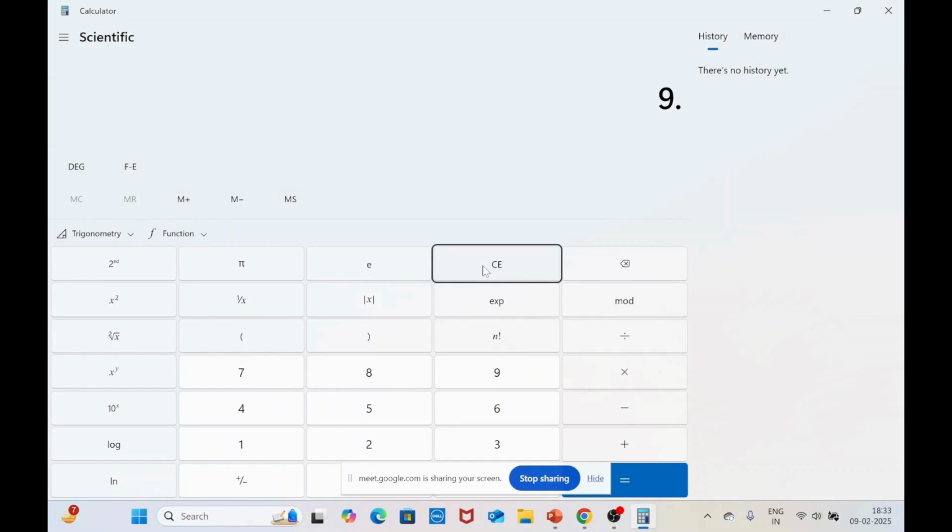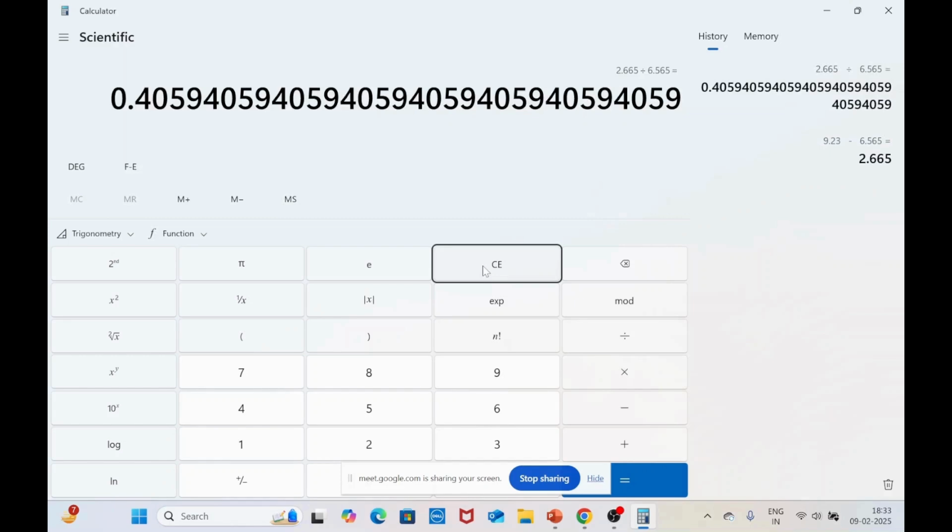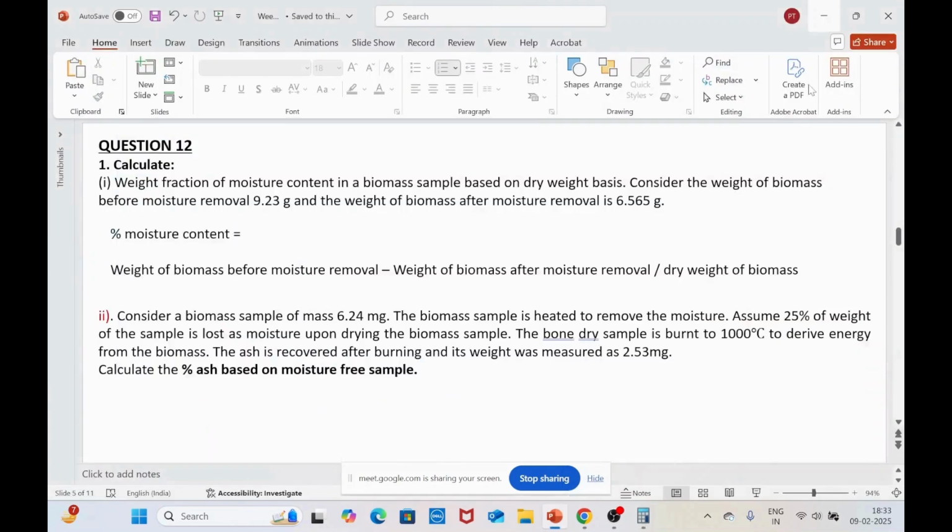So 9.23 minus 6.565 gives 40.59 or 40.6.